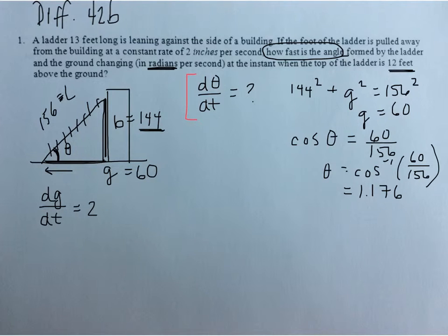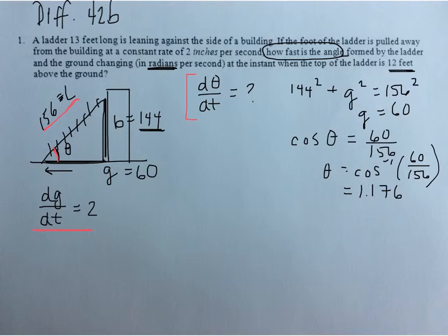So if I want to use theta, and I also know that this side is changing, and I know that this side is constant, and I like constant because I can use that number before I differentiate. So it looks to me, if I know the ground and I know the ladder and I care about the angle, I think I'm going to be using a cosine.